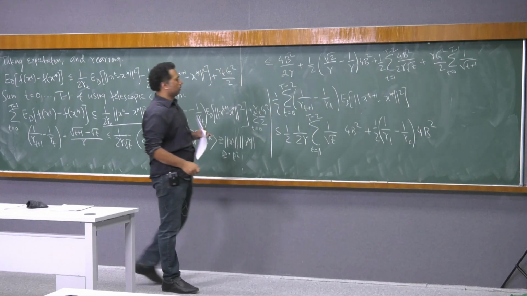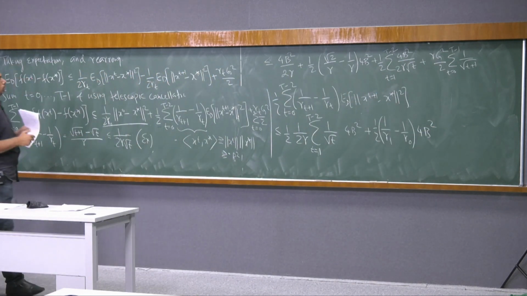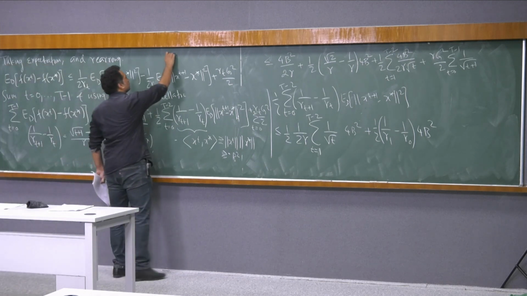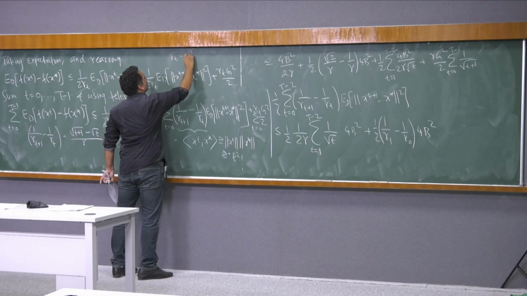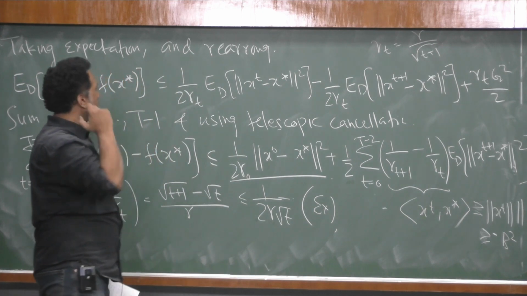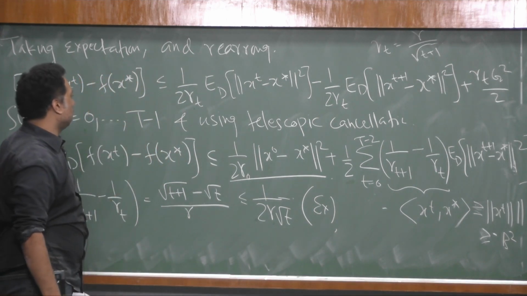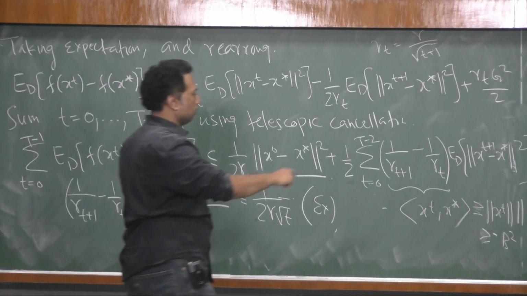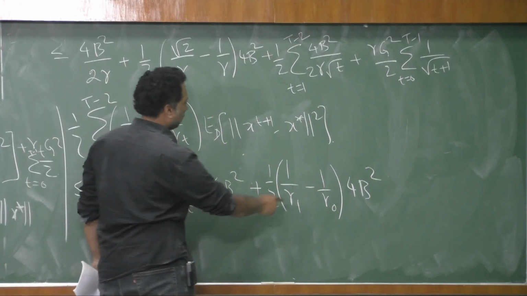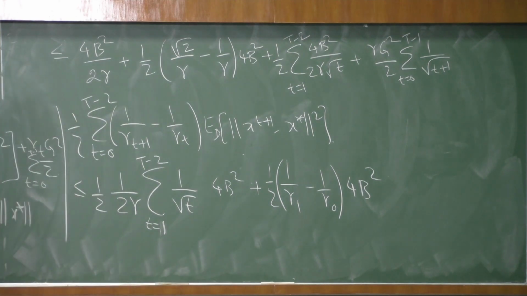So this is our second term, 1 by gamma 1 minus 1 by gamma 0 less than or equal to 4b squared is also there, and gamma t was gamma by square root of t plus 1. So gamma 1 will be gamma by square root of 2. Hence square root of 2 will go up, and then we will have gamma here, and this will be 1 by 1 minus 1 by gamma.